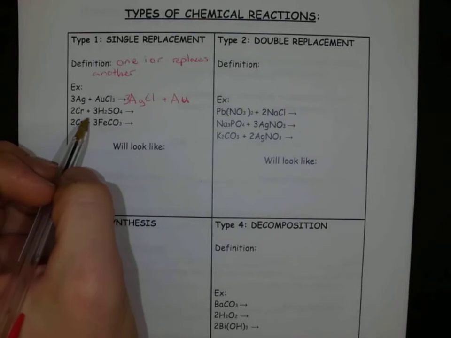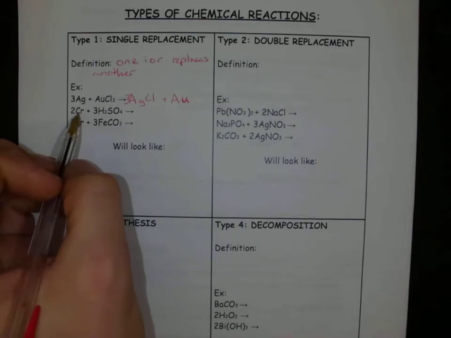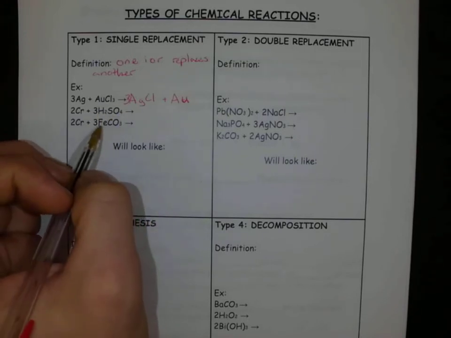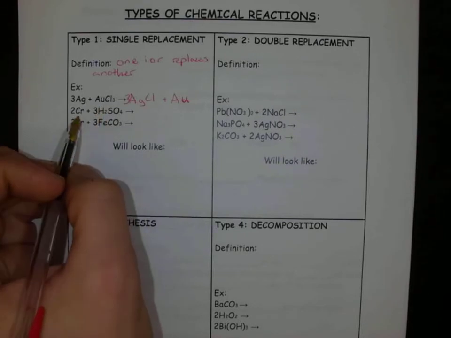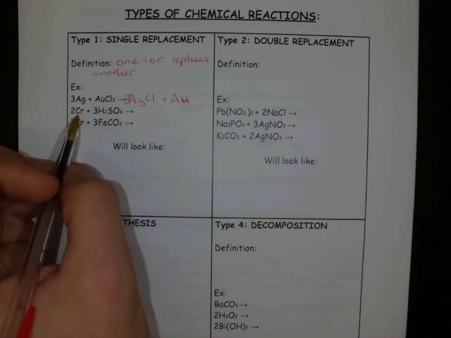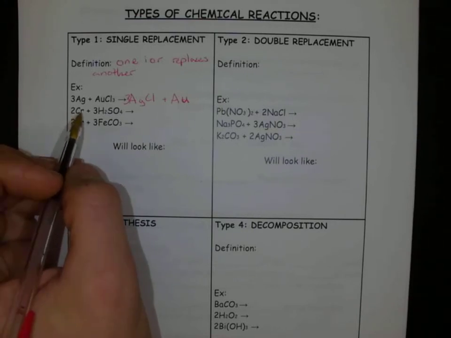If I look here, I have chromium and H2SO4. H2SO4 would be hydrogen sulfate, or dihydrogen sulfate. I know that chromium as a metal is always going to form a positive charge. In this case, it's going to form a +3 charge.